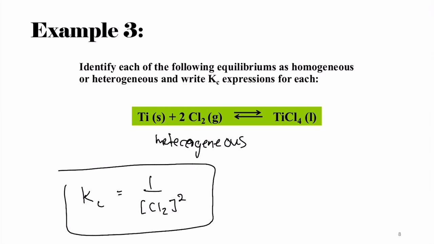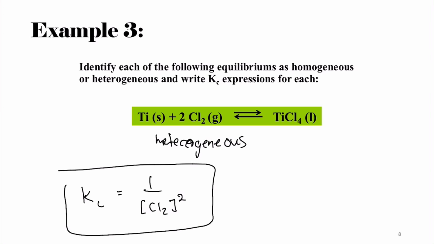All right, so that's how we deal with heterogeneous equilibrium, which also means that if we have mixed heterogeneous equilibrium and differing number of moles of gas on either side, there's also that condition where Kp and Kc are going to be equal to each other. And it only depends on the specific molecules that are in those expressions.